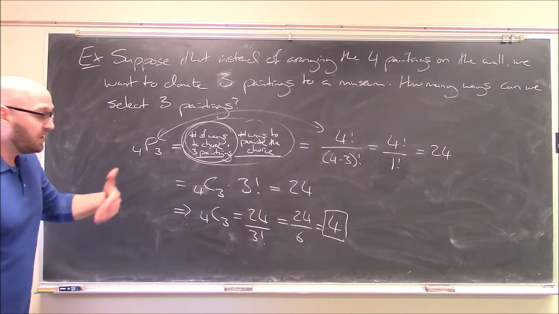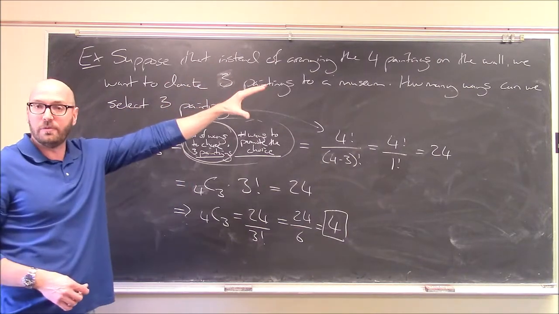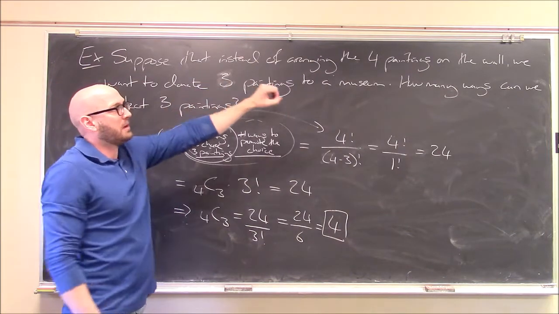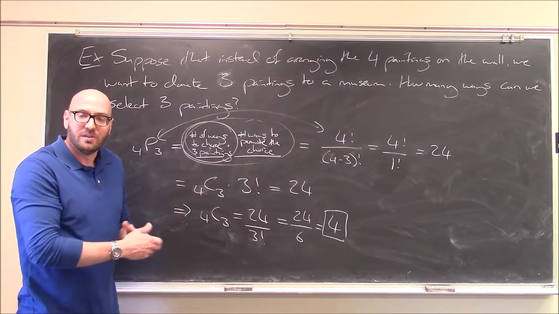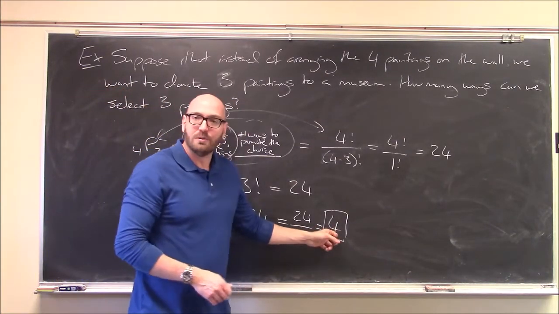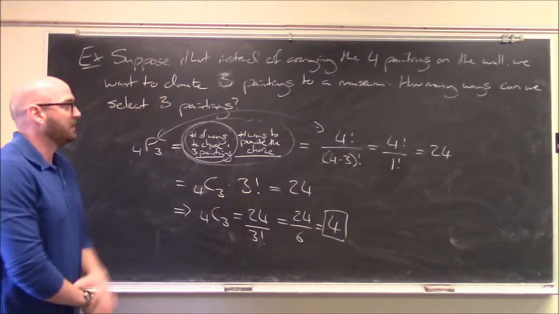So this is the answer: there are 4 ways to choose 3 paintings from a set of 4. That shouldn't come as a surprise. If you're choosing 3 paintings from a set of 4, really what you're doing is choosing which painting to leave out. Since you're only leaving 1 painting out each time, there are 4 different choices. So the answer is, of course, obviously 4.